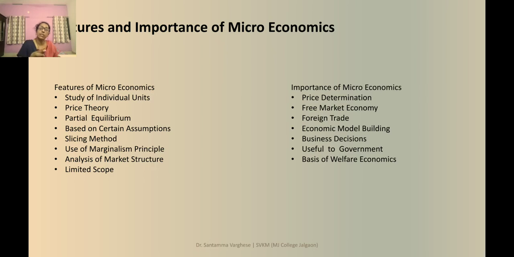Slicing method means national income is the income of the country as a whole. From that, we take one particular person's income, another person's income, and we study them. So we are taking it in a slicing manner. So microeconomics is said to use the slicing method. It is a feature, the slicing method.